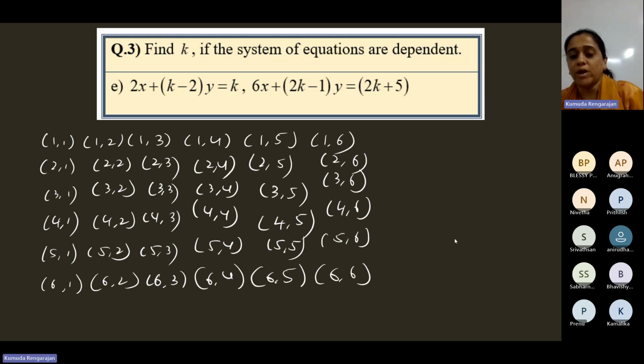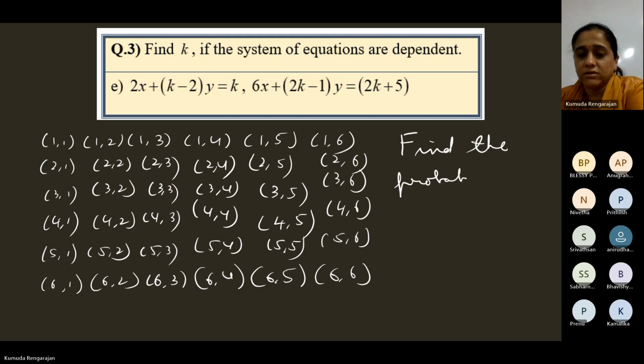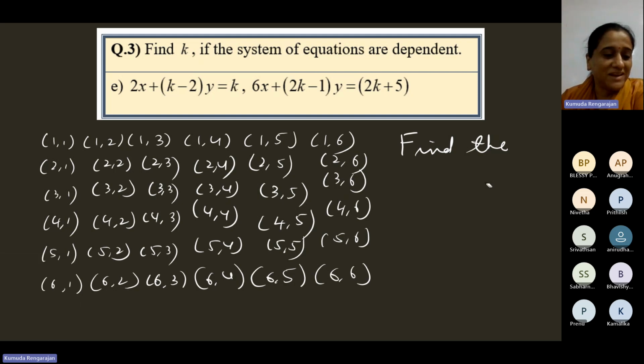Now, what's the probability of getting a multiple of 2 on one die and a multiple of 3 on the other? Okay, I'll write it here. Find the probability.